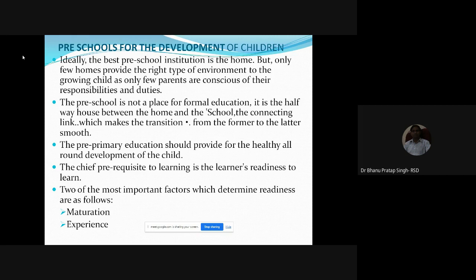So preschool plays a very important role. Although it is not a formal education, it is a kind of halfway. It lies between house and school, on the way from home to school. It is a kind of transition phase for the learning of the child, and it also provides a kind of ladder.